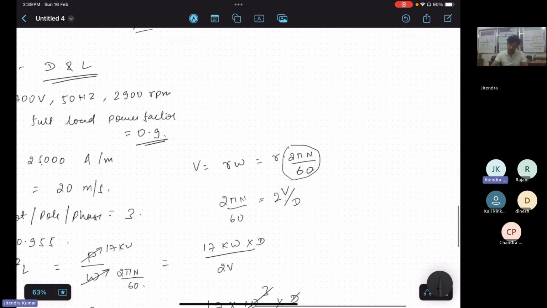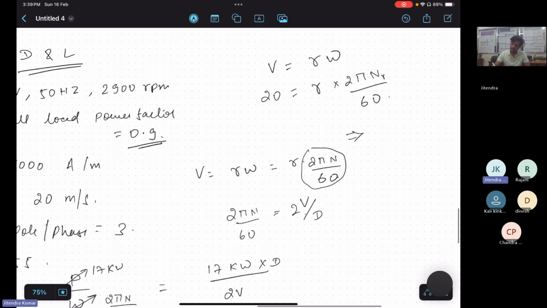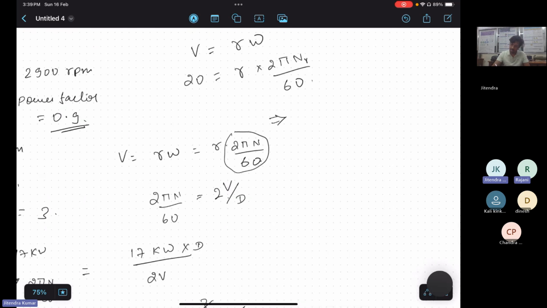So V is equal to R omega, and V we are given as 20. R we need to calculate. Omega is nothing but 2 pi n by 60, and here n should be nr, the rotor speed, 2900 RPM. So R will be 60 into 20 divided by 2 pi nr, where nr is 2900.